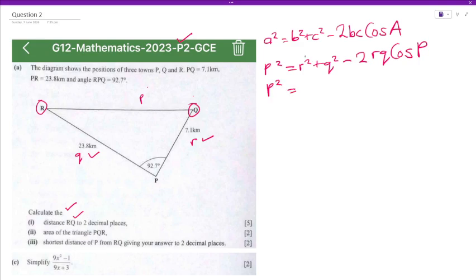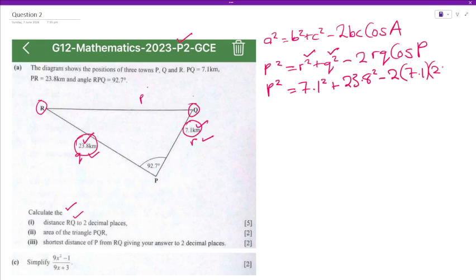So what is the value for R? R is represented by 7.1. So it's going to be 7.1 squared plus, what is Q? Q is represented by 23.8. So 23.8 squared minus 2 in brackets, what is R? R is 7.1. So 7.1, close, open. What is Q? 23.8.